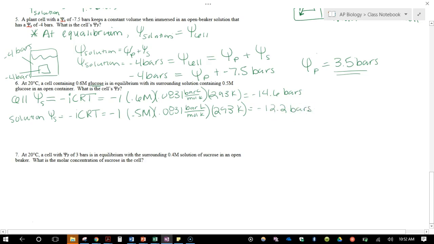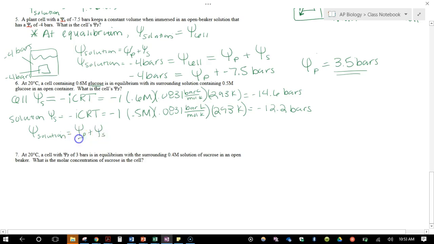So let's figure out the total water potential. Let's look at our solution. The water potential for my solution is going to equal the pressure potential plus my solute potential.